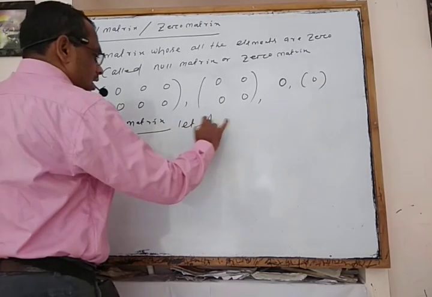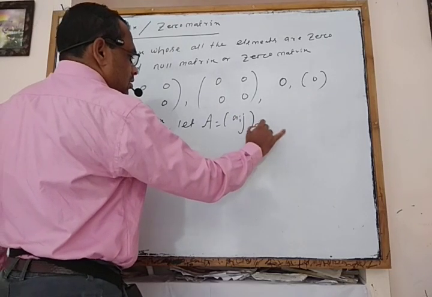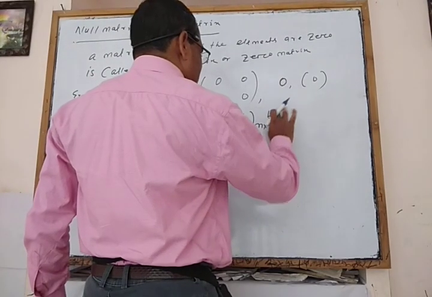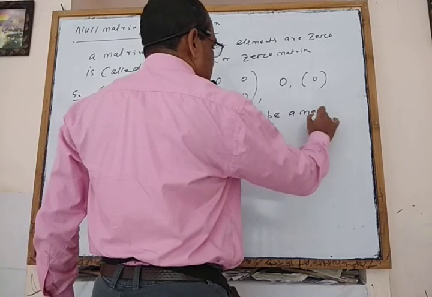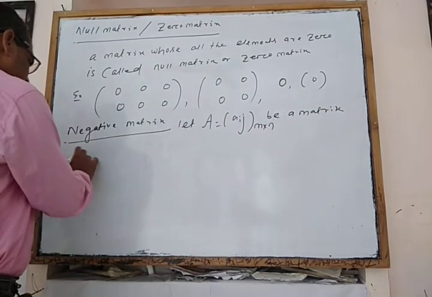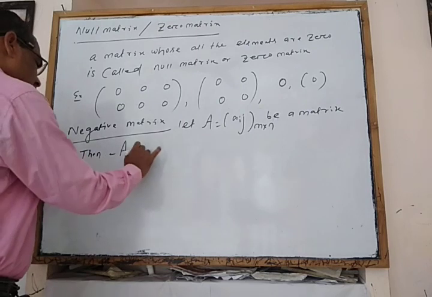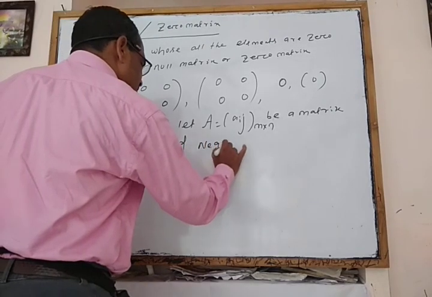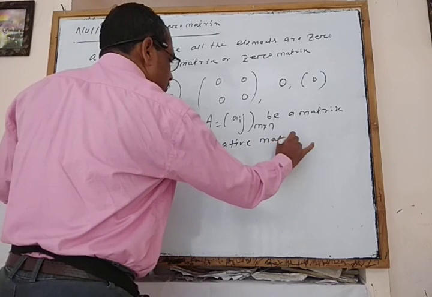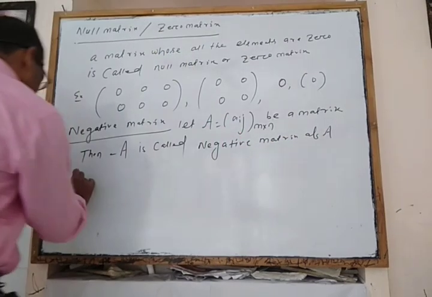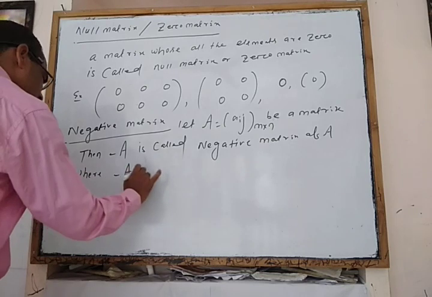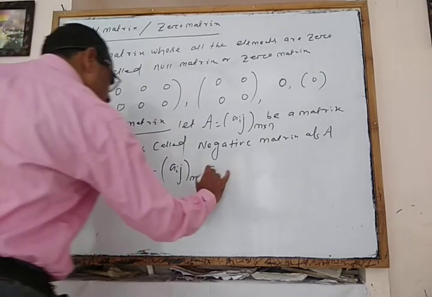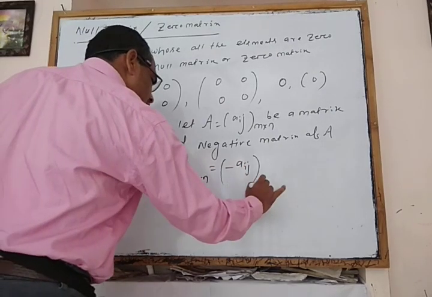Let A equal to [aij] of order n cross n be a matrix of order n cross n, then minus A is called the negative matrix of A, where minus A is equal to minus of [aij] of order n cross n, which is equal to [minus aij] of order n cross n.